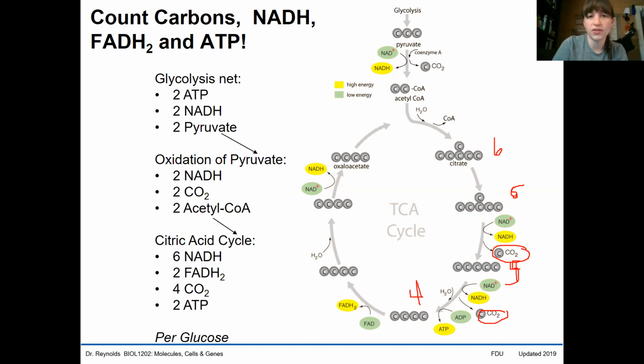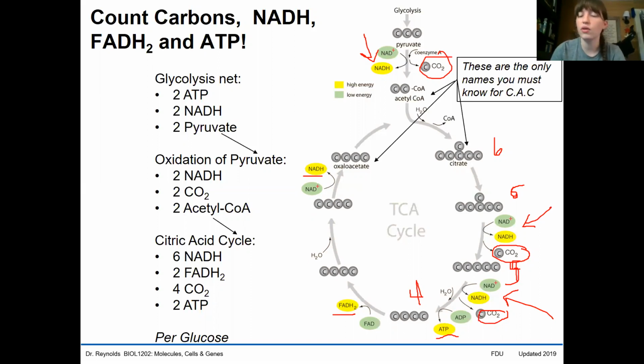Each molecule of CO2 that's lost also gets paired with the reduction of an NADH. And then there are 3 remaining steps, one which makes ATP, one which makes FADH2, and one of which makes NADH, in that order. There are only 3 names that you have to know here for the citric acid cycle: oxaloacetate, acetyl-CoA, and citrate, but you'll need to be able to utilize those in order to describe the cycle.